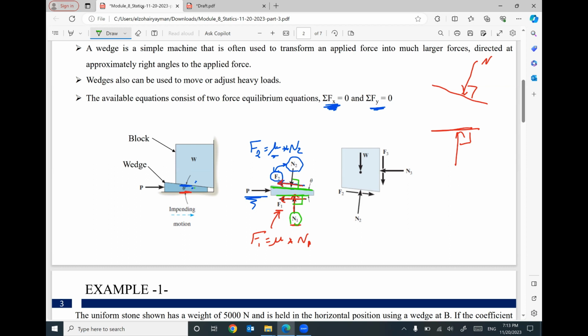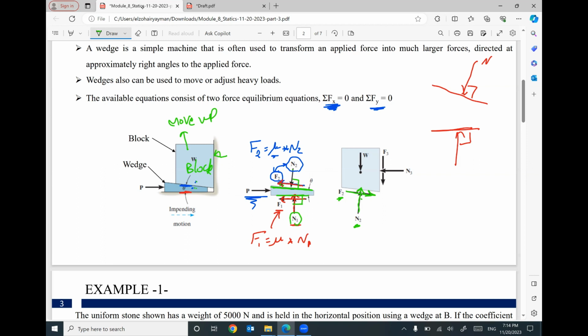At this surface also on the block, the friction force will be in the opposite direction. The perpendicular force will be in the opposite direction. The same values, but in opposite direction. So F2 will be here, F2 but in opposite direction. Capital N2 will be here, capital N2, but in opposite direction. And keep in mind, since this block will move up, I should expect friction here.